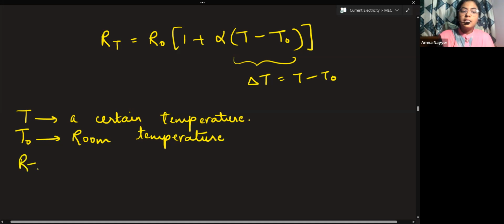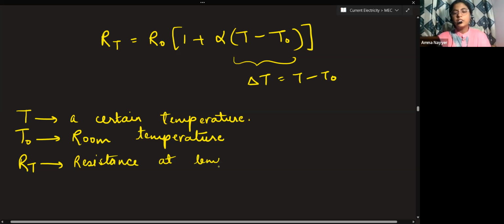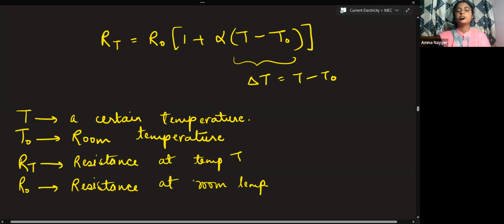Similarly, the resistance at this temperature T is RT. This is the resistance at temperature T. And R naught is the initial resistance, meaning the resistance at room temperature. Apart from this, you have one more thing, alpha.